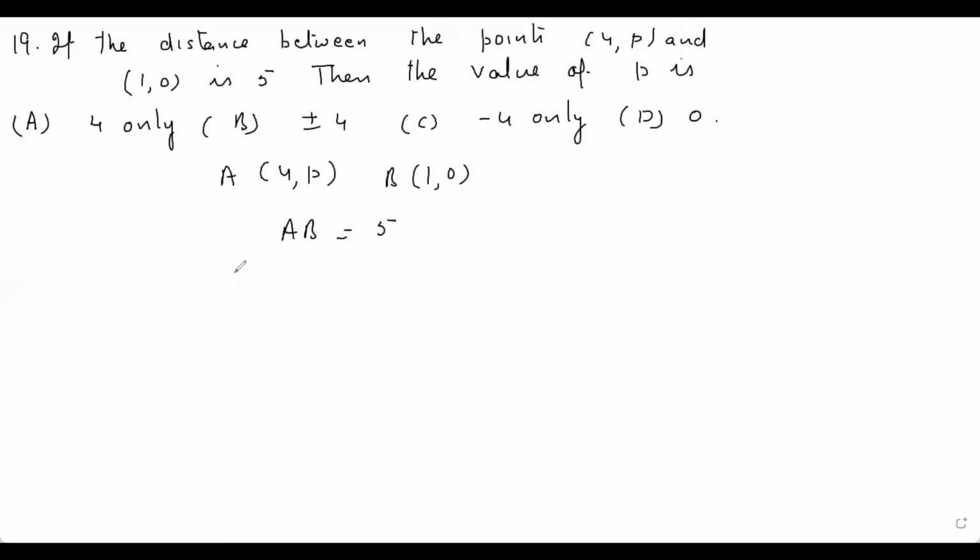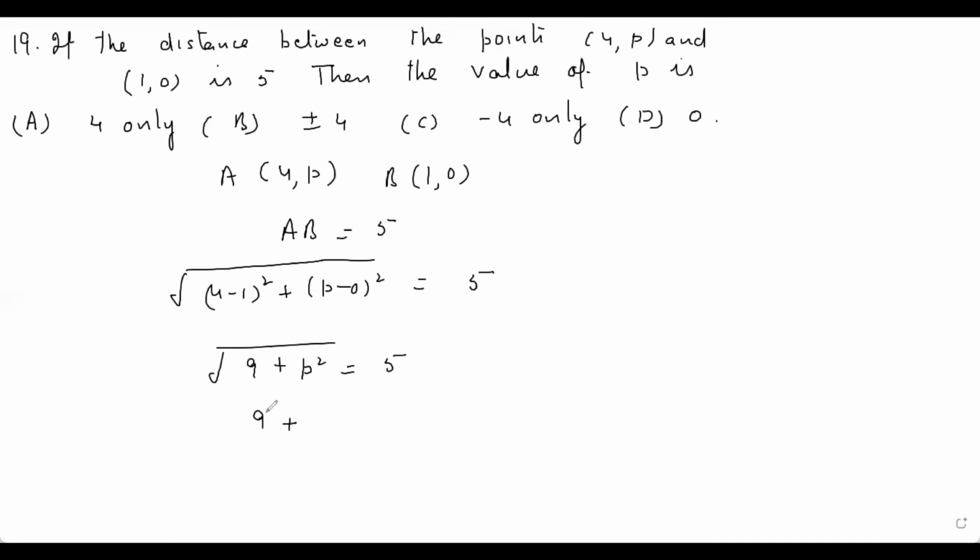So apply the distance formula on AB. That is, (4 minus 1) whole square plus (p minus 0) whole square is equal to 5. That is, 9 plus p square under the root is equal to 5. Now squaring both sides, 9 plus p square is equal to 25.